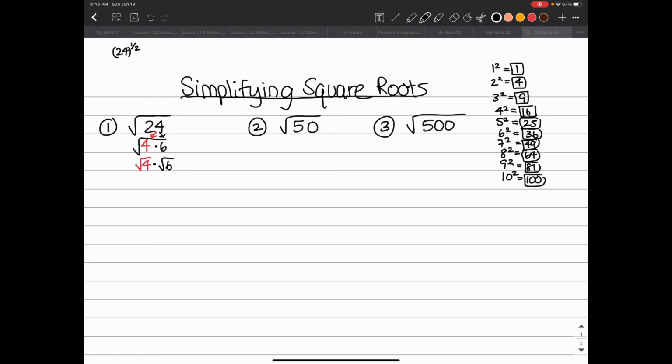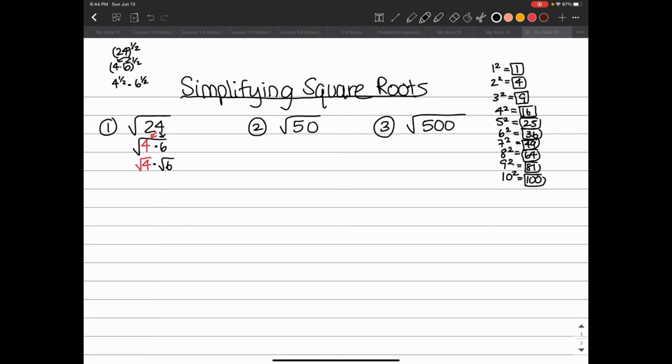That's the same thing as taking the square root of 24. My exponent rule says, if I break down 24 into 4 times 6 and have that raised to the 1/2 power, which I can do, because 24 is in parentheses there, I know that I can rewrite this as 4 to the 1/2 power times 6 to the 1/2 power, because I can distribute that 1/2 power.